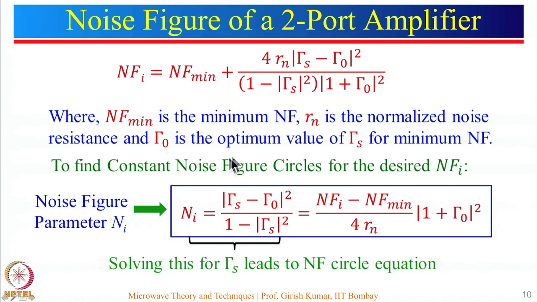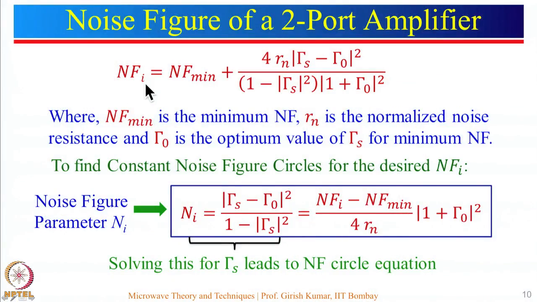Gamma 0 is the optimum value of gamma S for minimum noise figure. Now, in the previous lectures we had seen that to optimize the gain we draw constant gain circles for the input side and output side. There we were only concerned about the gain, but now we are concerned about noise figure also.